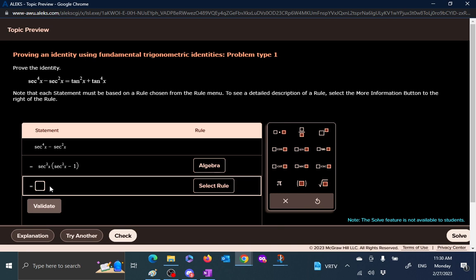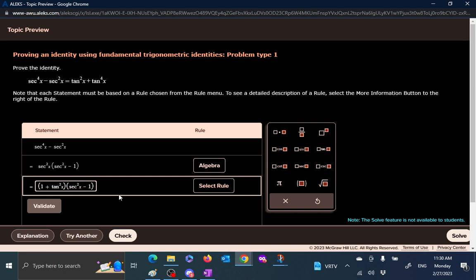Now, secant square can be written as 1 plus tangent square. You remember the trig identity: 1 plus tan square of x is secant square. The other, secant squared minus 1, can be written as, well, let's do it step by step so that the software doesn't complain we're doing too many things at the same time.